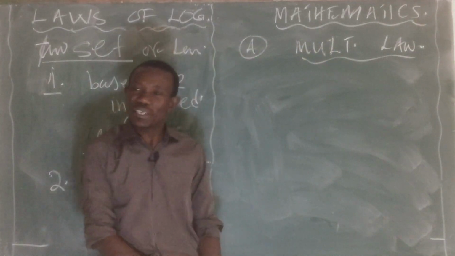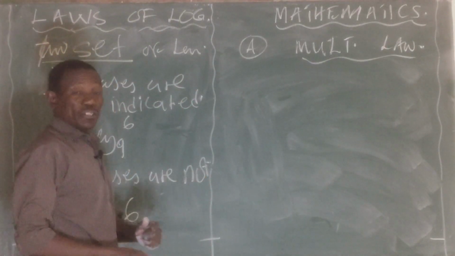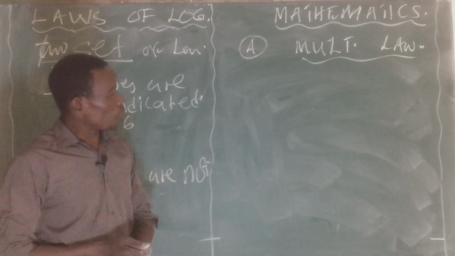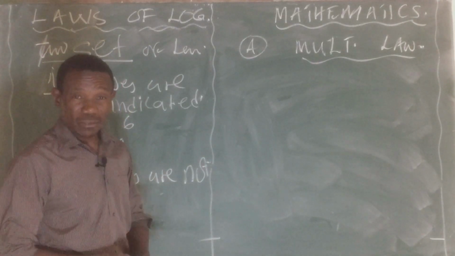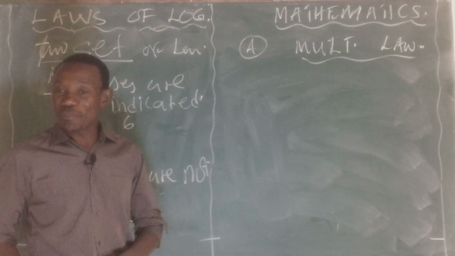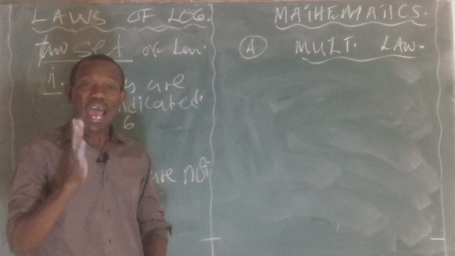So what is the multiplicative law about? We'll be meeting situations in the operations of logarithm of numbers, that is the problems, where the logarithms have the same base and you'll be required to add them.